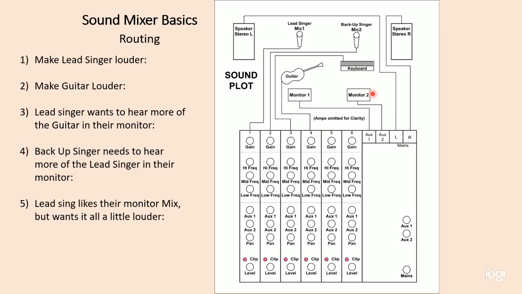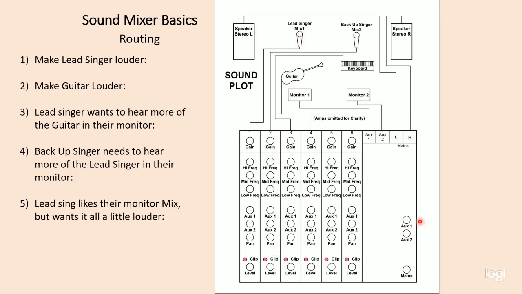Now what happens if our lead singer likes their monitor mix, but they want the whole thing to be a little bit louder? Here's our lead singer, and they like the sound of monitor 1. Maybe they have a little guitar and a little keyboard and a little backup, right? We have all these things that are mixed in a little bit to make monitor 1 sound the way that they like it, but they want it all just a little bit louder.